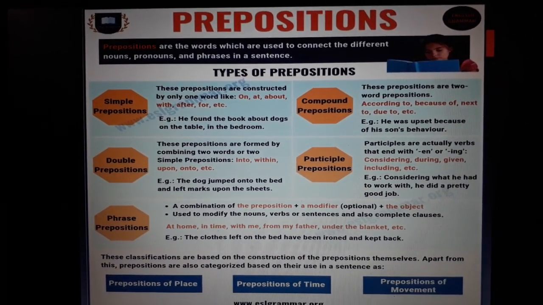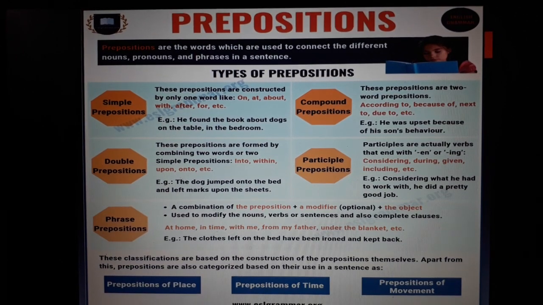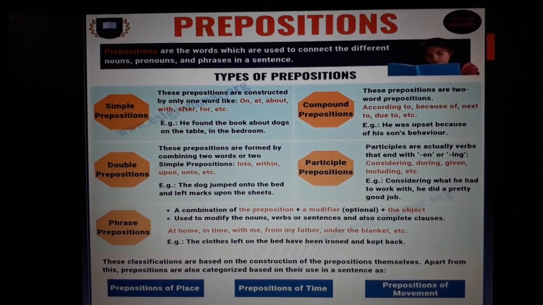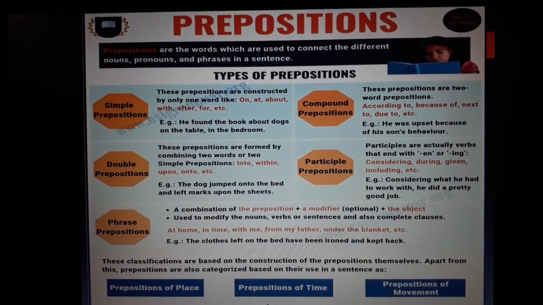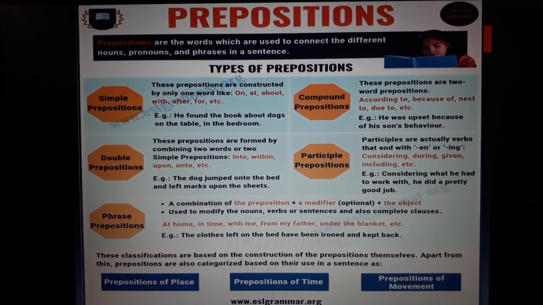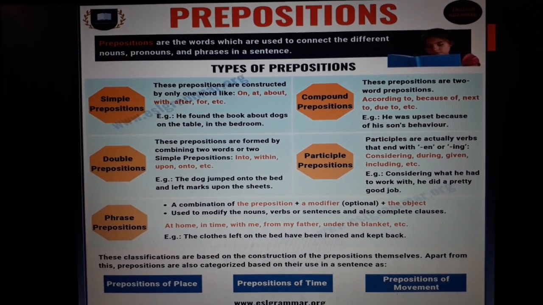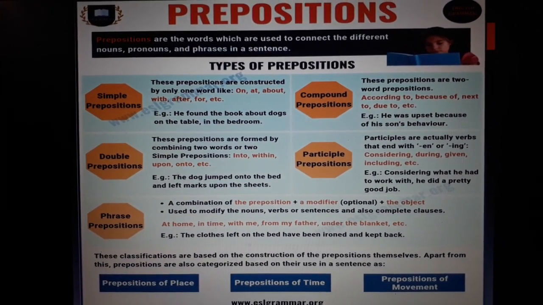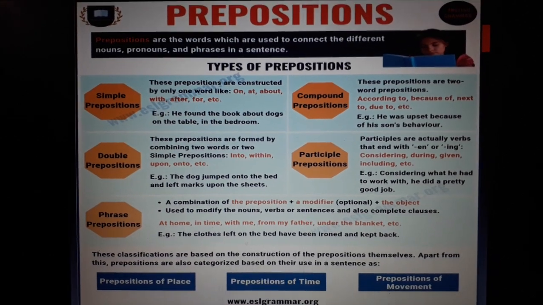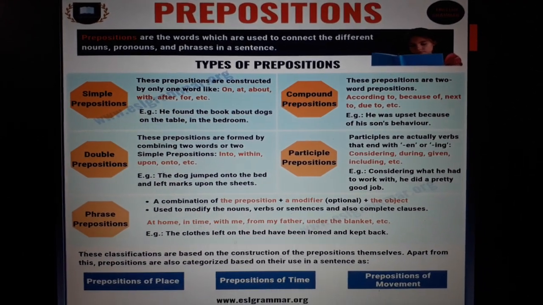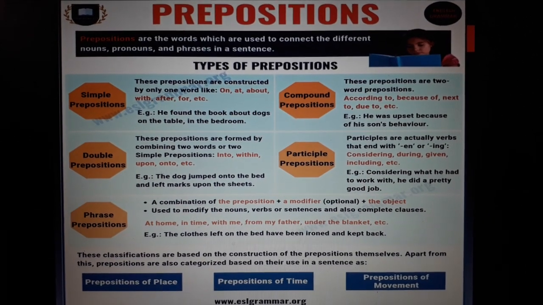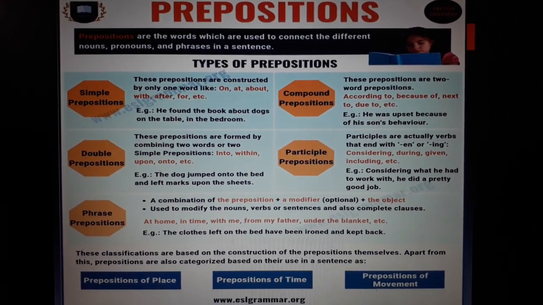We have simple prepositions, which are single words. We have compound prepositions, double prepositions, participle prepositions and phrase prepositions. Apart from that, we have preposition of place, preposition of time, preposition of movement, preposition of agent, which we discussed in this module earlier.